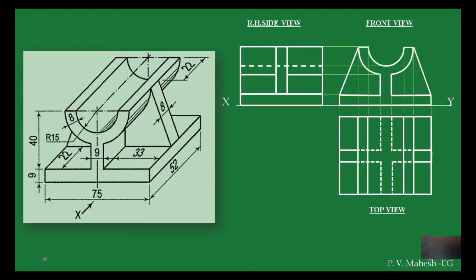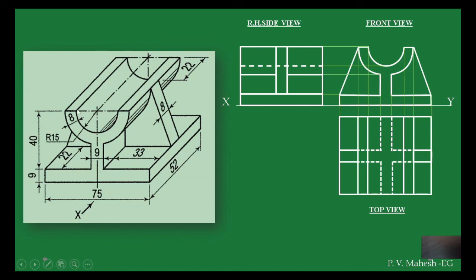These are not to the dimensions. I have taken them proportionately, so you just use the appropriate dimensions given in the diagram. In the questions you will not have the shades, different shades will not be there.